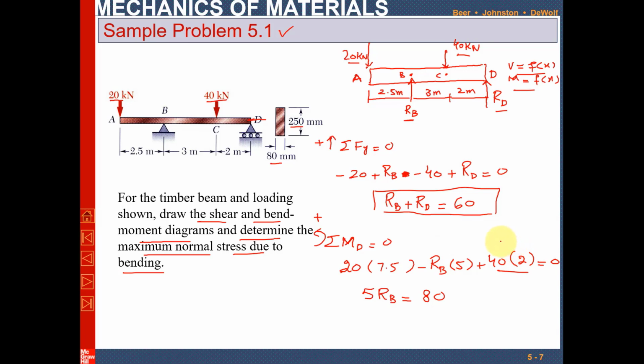Let me open the calculator, 20 into 7.5 will give you 150. So 150 plus 80 will give you 230. So 5 RB is equal to 230. So RB will be equal to 230 over 5, and that is equal to 46.